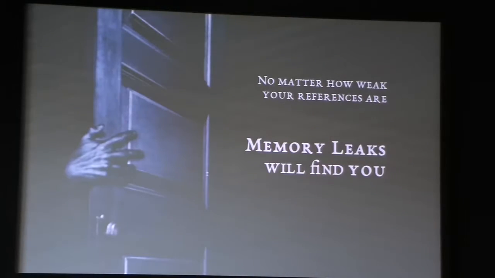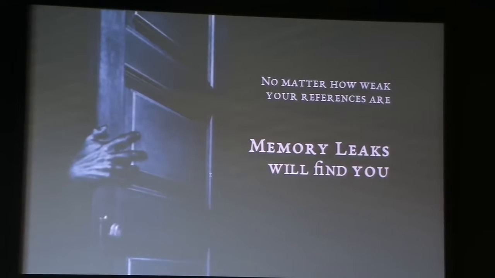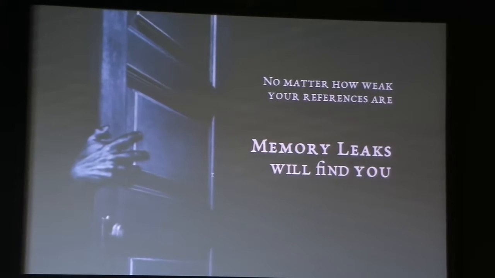Because no matter how weak your references are, you may find memory leaks. Sometimes people say, I am using weak references, and they think that their objects will go away. No. Actually, this story is motivated because we found memory leaks because people were using weak references wrongly.